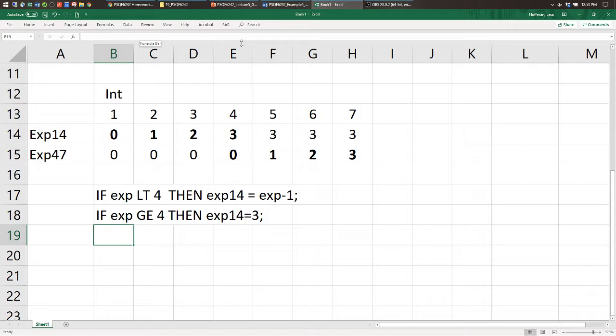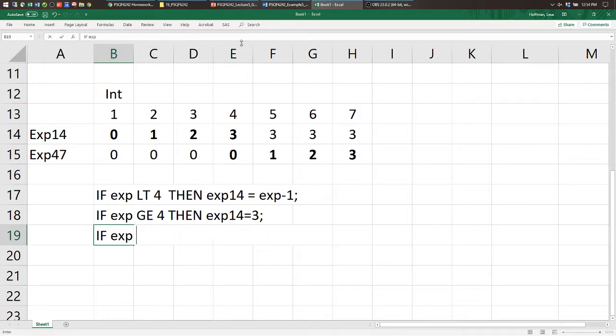So what I've done so far is set up the first line. If experience is less than 4, it's the original variable minus 1. If it's greater than or equal to 4, it equals 3. So experience 1 to 4 equals 3, so we don't need the original variable. Okay, now we've got to do the second one.